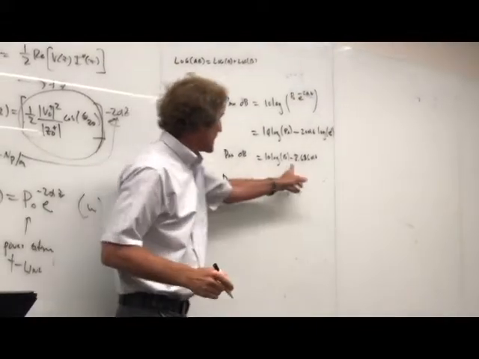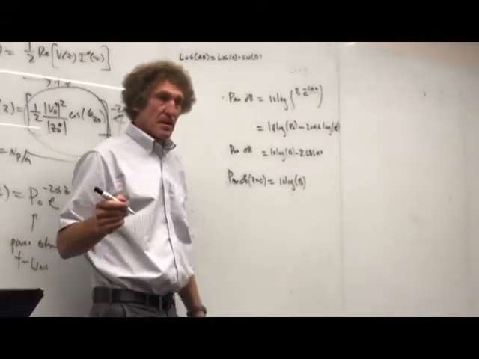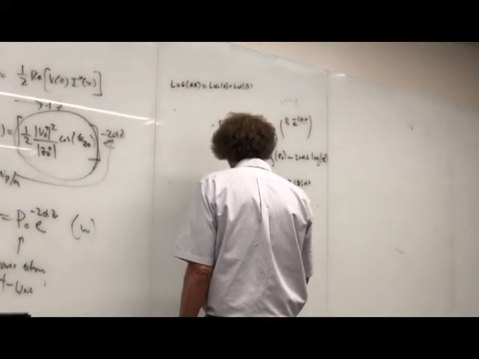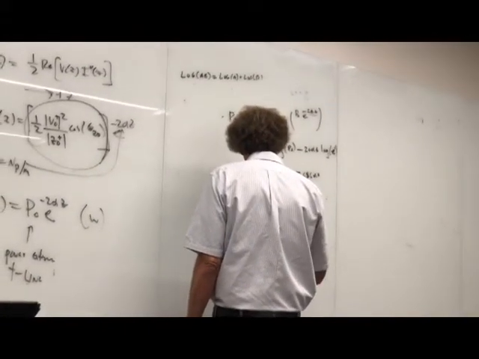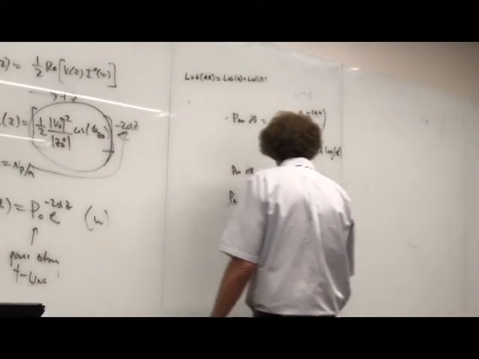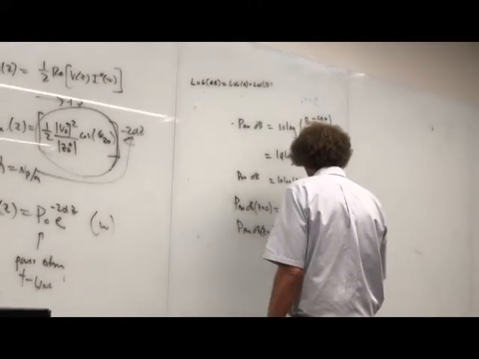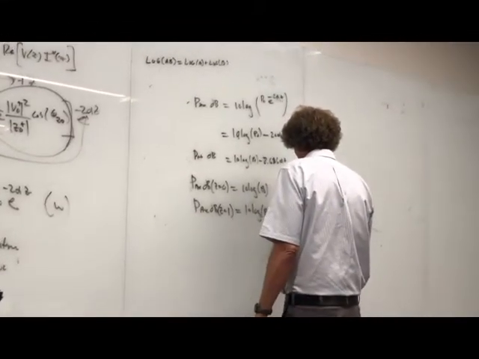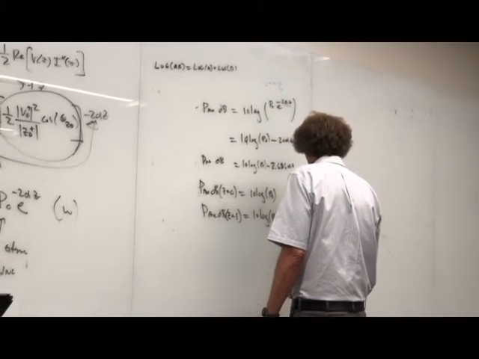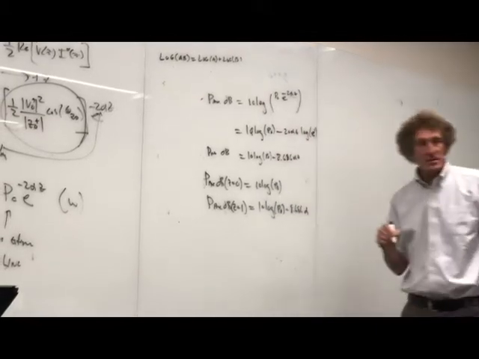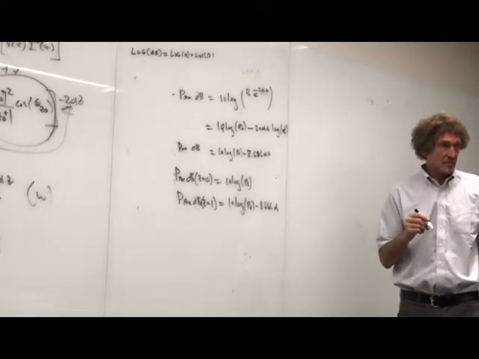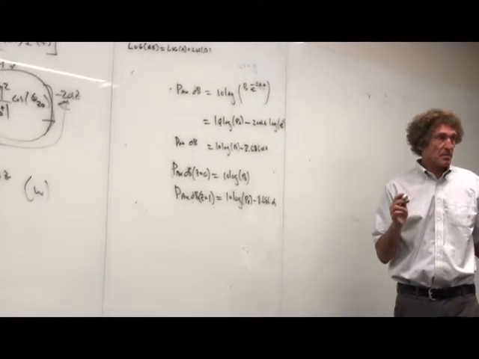If z is 0, that term goes away, right? Now 1 meter down the line, P average in dB at z equals 1 meter would be 10 times the log of P0 minus 8.686 times alpha. You all see that, class? The z is 1, right? Are you with me, everyone?